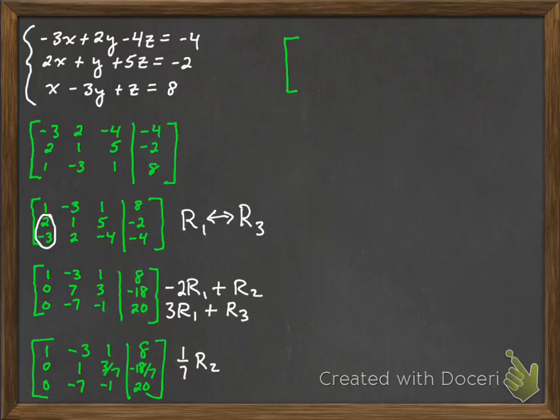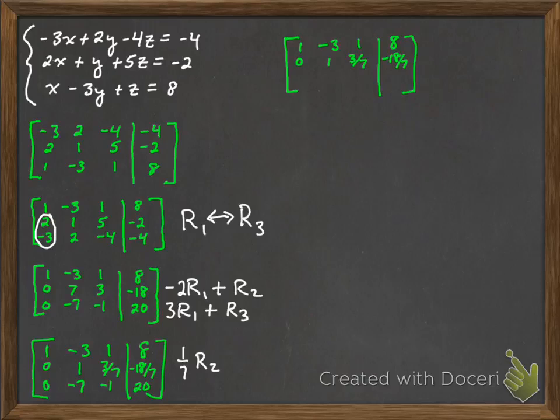All right, so now the top row is done. We have 1, -3, 1, and 8. The middle row is also done. We don't need to do anything else to it. So I'm just going to repeat those numbers here.